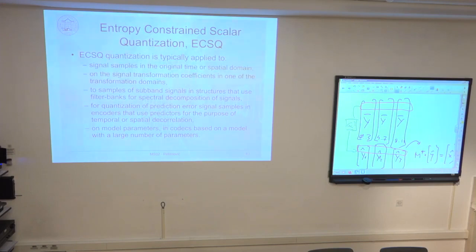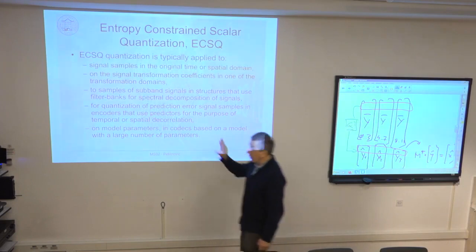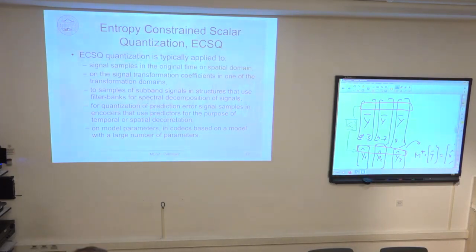First row, second row, and so on. I have 4 values at the output. So that is the way that you will do your laboratory exercise. You will apply this knowledge that I will show you right now to quantize not only one scalar source, but actually 4 sources.